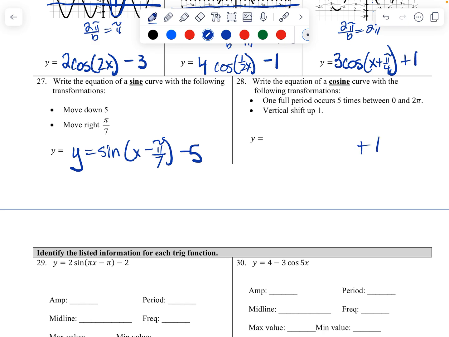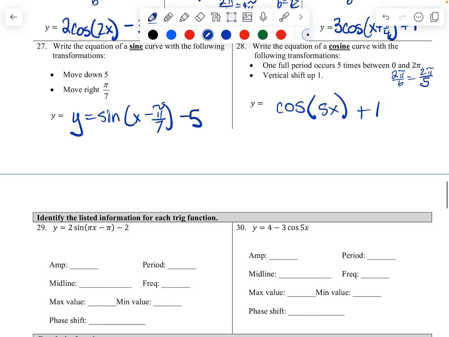So I know there's a +1. Cosine, with 5 periods between 0 and 2 pi. So let's see. 2 pi over b would be 2 pi divided by 5. So b is 5, so it would be 5x.